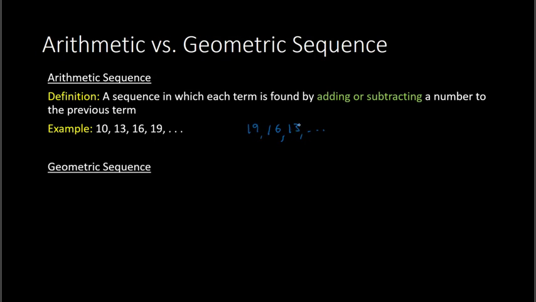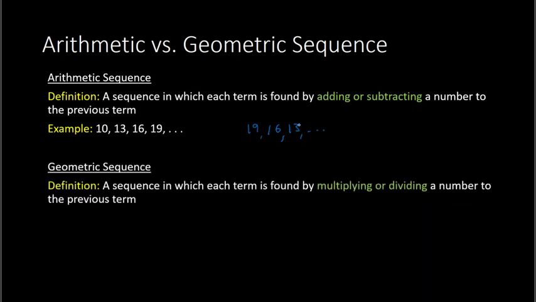Geometric is when I am multiplying or dividing to get to the next number. So for example, 4, 8, 16, 32, 64. Notice the pattern is that each time I'm multiplying by 2. 4 times 2 is 8, 8 times 2 is 16, and etc. So this would be a geometric sequence.